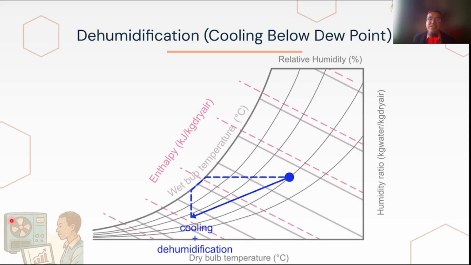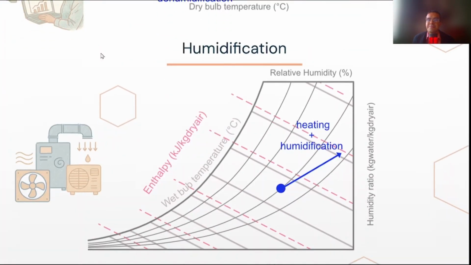Similarly, in hospitals or museums, where indoor air must be tightly controlled to prevent mold or protect artifacts, cooling coils are intentionally sized and operate to provide enough latent capacity to remove significant moisture from the air, ensuring both comfort and air quality.